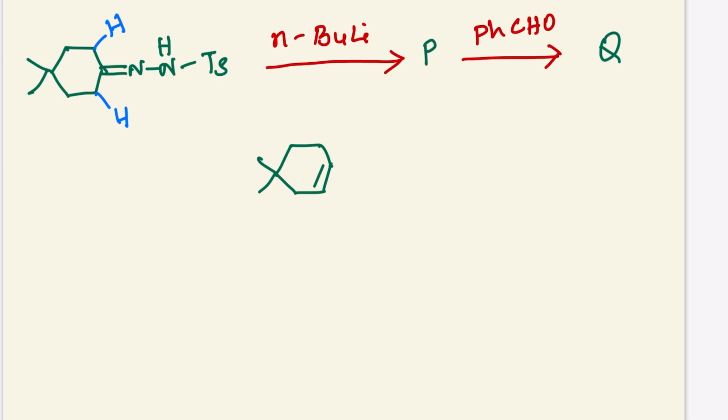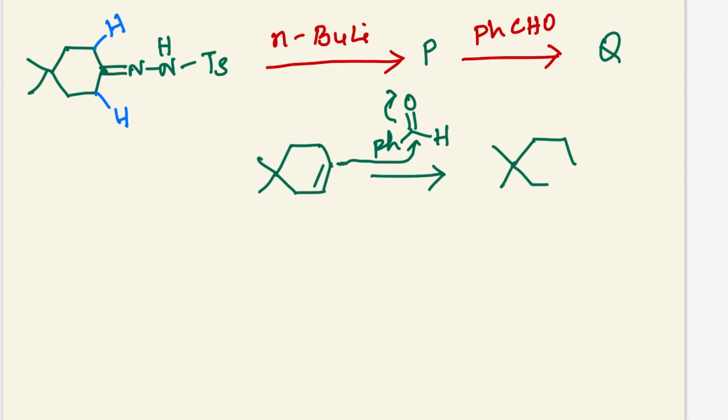To remember, this electrophilic center in the starting material will be the nucleophilic center. On this, the benzaldehyde, PhC double bond O, will be attacked, and the product that we get is a secondary alcohol.